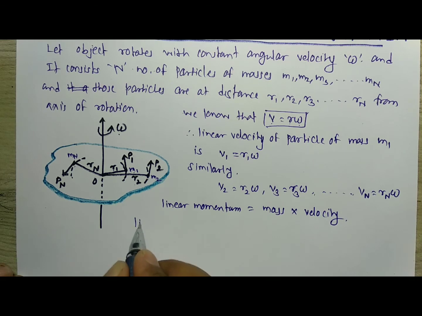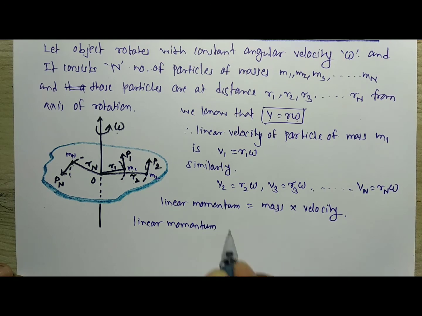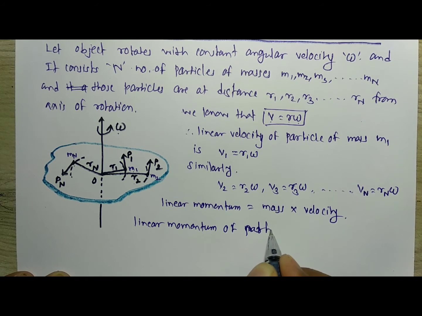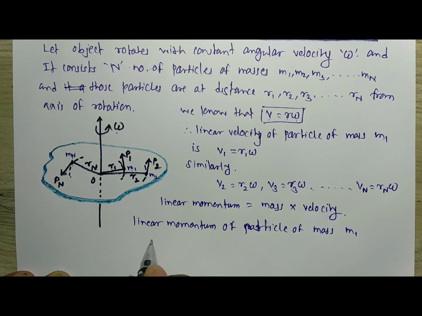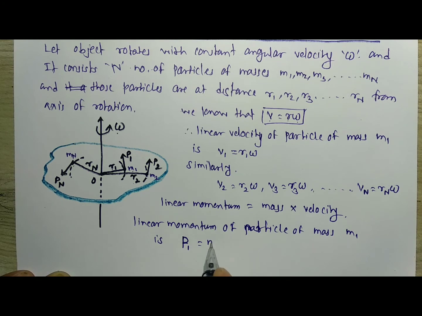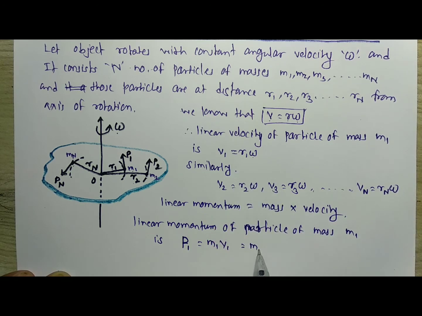That means the linear momentum of the particle of mass m1, let us consider it is p1, and p1 is equal to m1 v1. But we know that v1 is nothing but r omega, and therefore you will get m1 r1 omega.